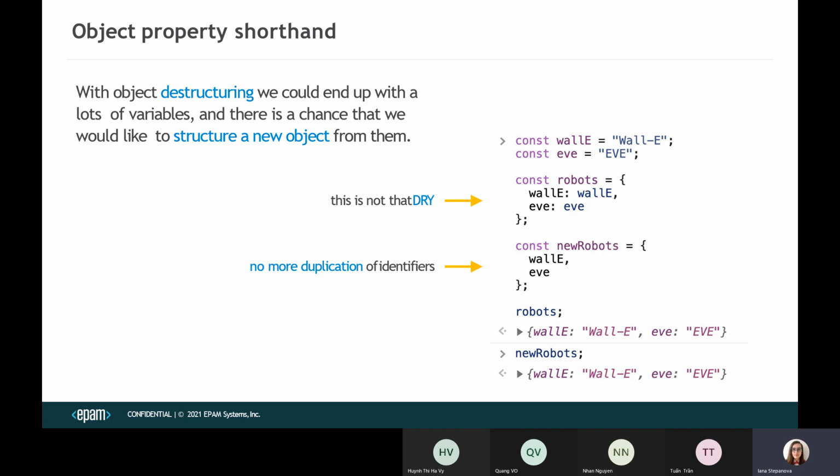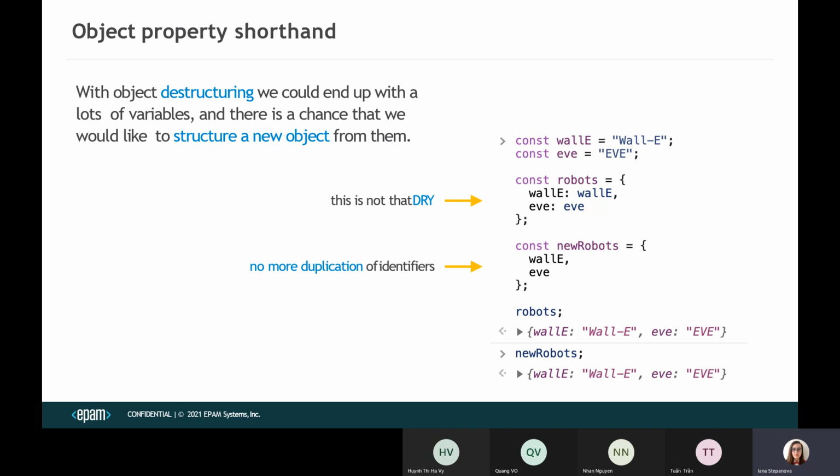So here we have const Wally, const Eve, and here we are creating the new const robots, which is an object. And here I want to have a key value pair. I want the key value pair to have the key as the name of the variable and the value as the value of the variable I had before. So we can see that if I'm just writing Wally again, Eve, this is not really DRY. So we are actually violating the DRY principle.